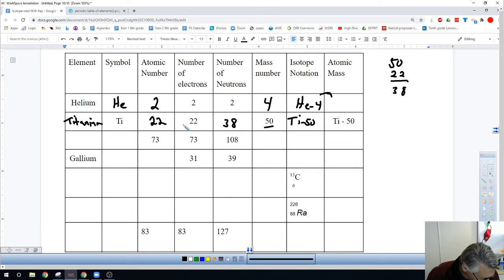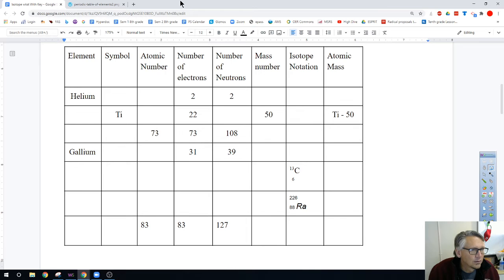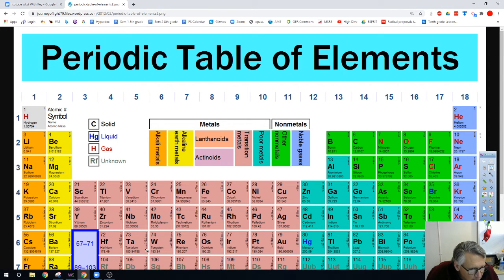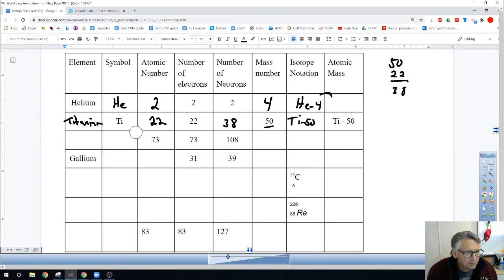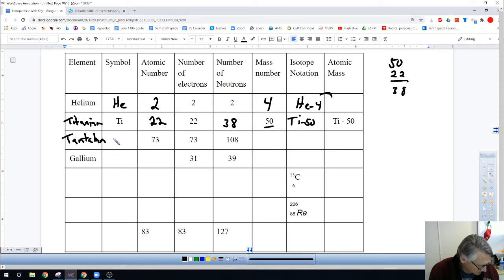Atomic number of 73. I'm having a tough time reading it on my black and white copy, so I'm going to go to the periodic table. 73 is tantalum, and its symbol is Ta.